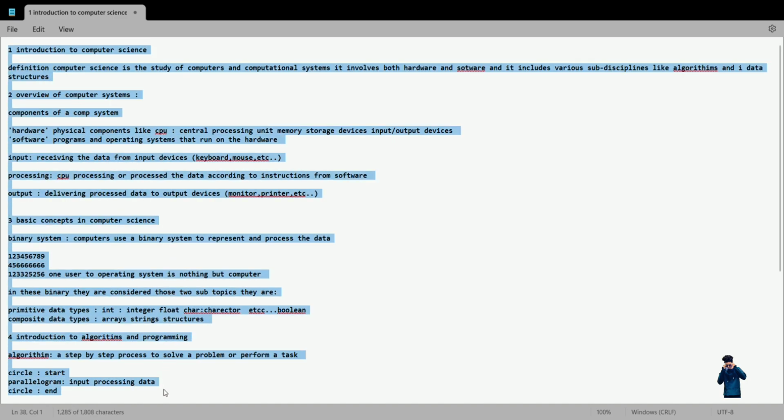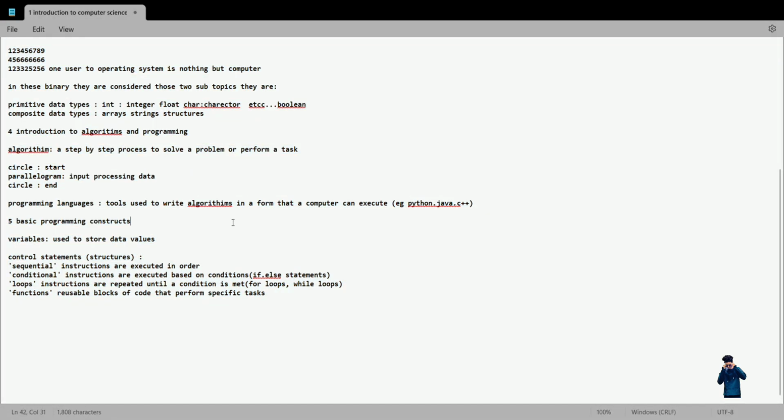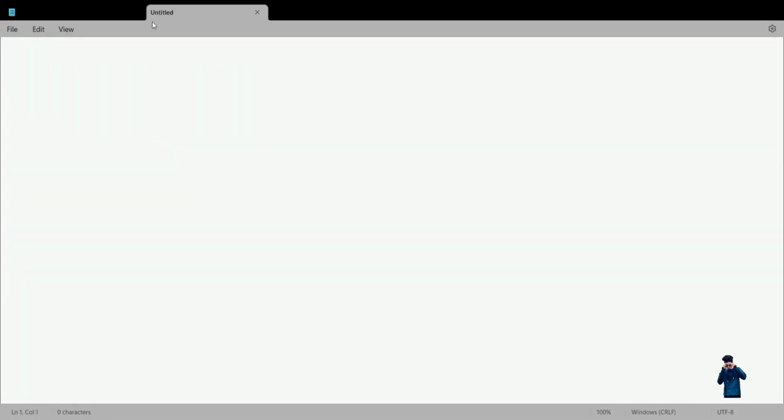After completing this page, we move to the next page. This is the second page to understand after completing page 1, the introduction to computer science. Next we have to see the outline.